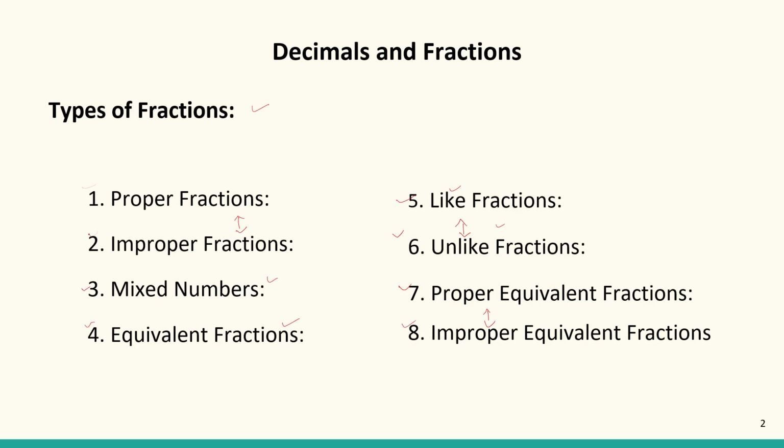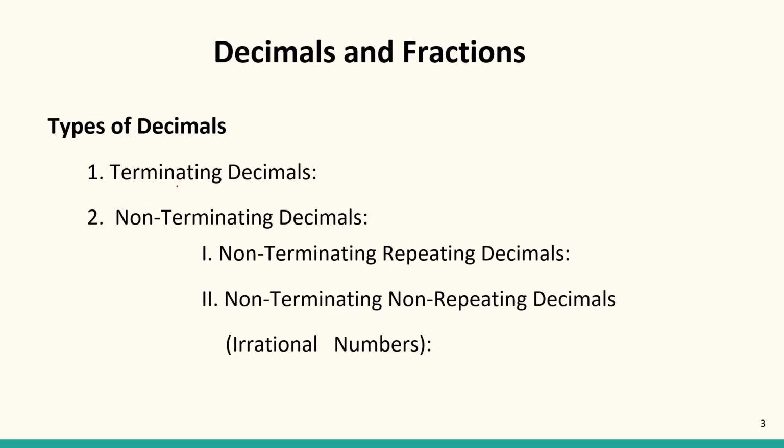What we also learned was the types of decimals. There are two types of decimals: terminating decimals and non-terminating decimals. Terminating decimals are decimal numbers in which, after the decimal point, we have a finite number of digits, like 2, 3, 9, and it ended right here. And what are non-terminating decimals?